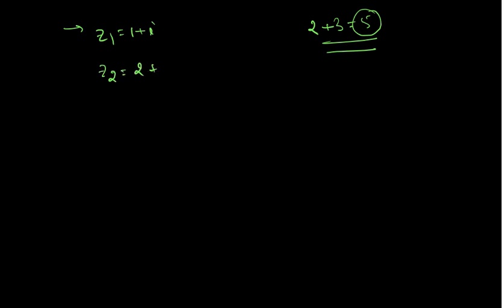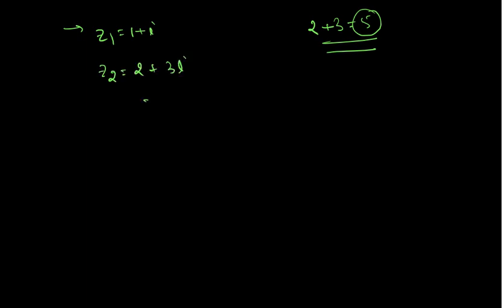Now one point used to come: so far, if a real number like 2 is there and we want to add it with 3, then we write 5. But what about the addition of complex numbers? Let's suppose z1 is equal to 1 plus i and z2 is another complex number, 2 plus 3i.